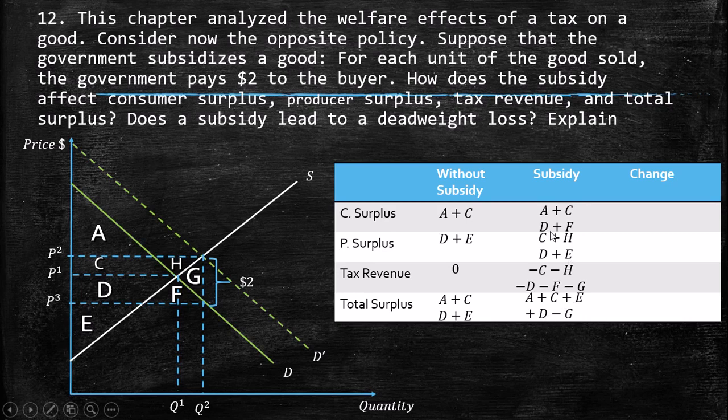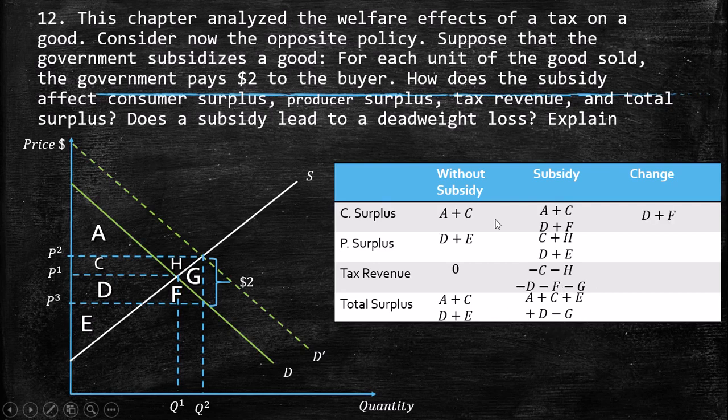D cancels with D, and still there is one D. And G, you don't have G here, neither here, so we have G just in the government spending, which is minus G. So here is the total surplus, which is negative.